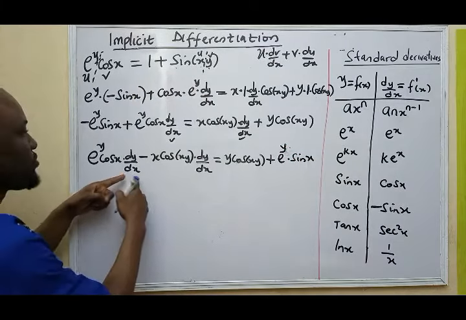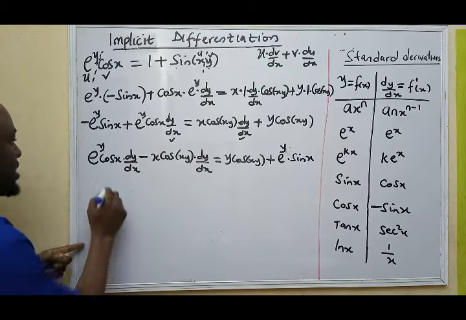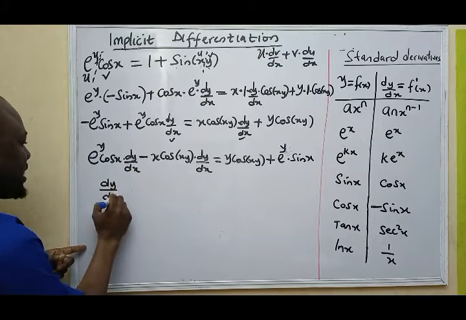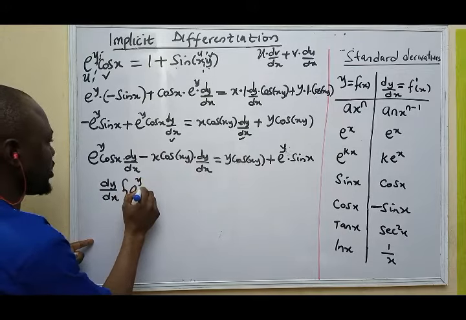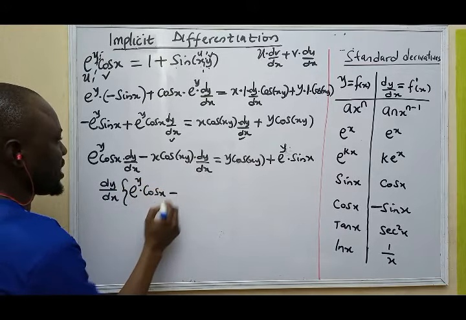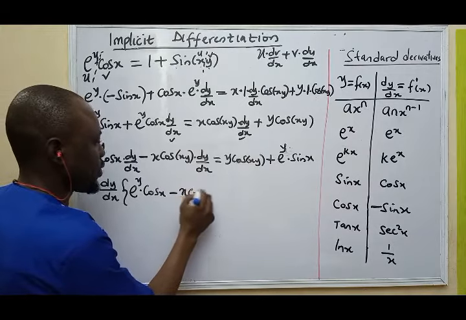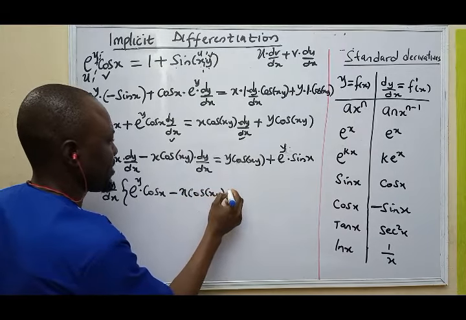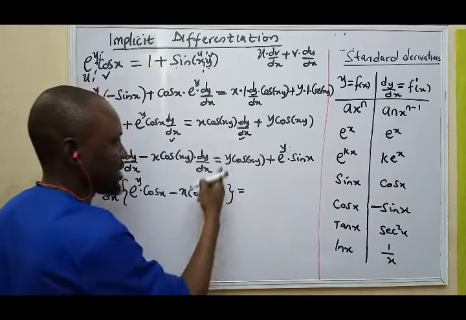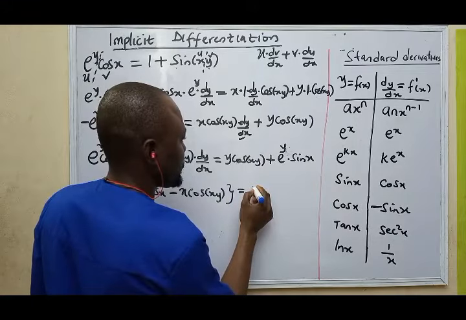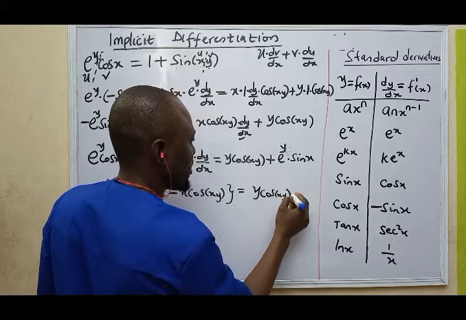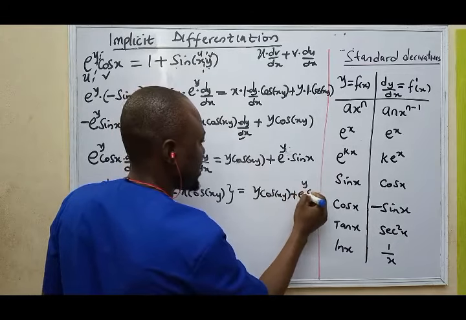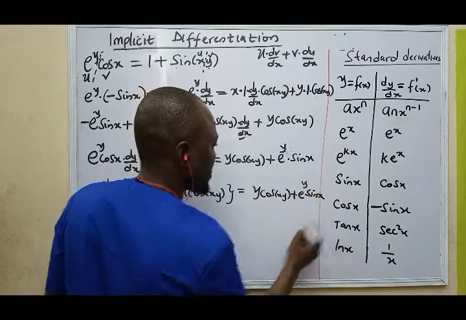Therefore, I'm going to factor out dy/dx. If I do that, dy/dx times e^y cos x minus x cos xy equals y cos xy plus e^y sine x.